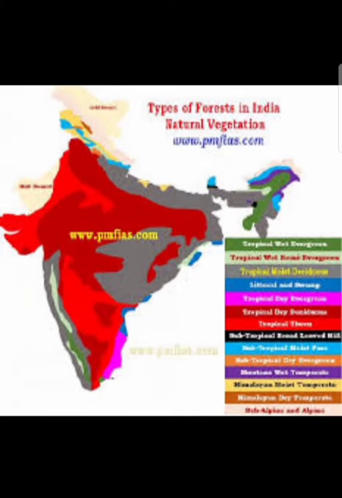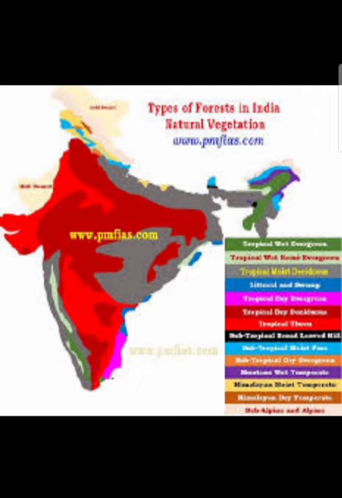Natural vegetation includes tropical evergreen forest, deciduous forest, monsoon type of forest, forest with shrub and thorn forest, semi-desert and desert vegetation, tidal or mangrove forest, and mountain forest. These are where different types of trees and plants have grown. Vegetation means trees and plants.